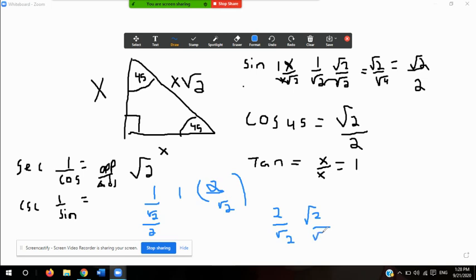And that would just be 2 times the square root of 2 over the square root of 4, because remember that the square root of 2 times the square root of 2 is the square root of 4, which would have led to 2 times the square root of 2 over 2, because the square root of 4 is 2. And then you would have to just cancel this out, and your answer would have been the square root of 2. So this step is just longer.